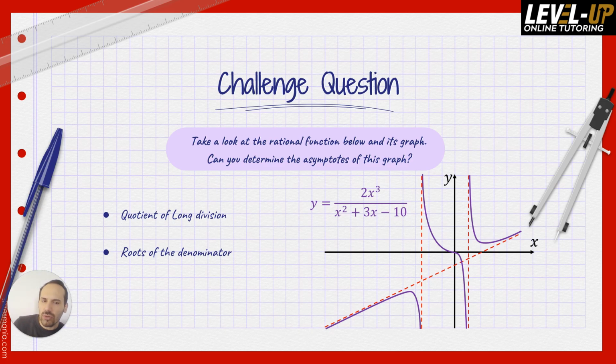But if we do this long division, it will tell us what the equation of this slanted asymptote is going to be. It's basically going to be an equation of a straight line. The reason why we get a slanted one here is because the degree of the polynomial on the numerator is higher than the one on the denominator. So we've got a cubic over a quadratic, and that's why we get a slanted asymptote like that.